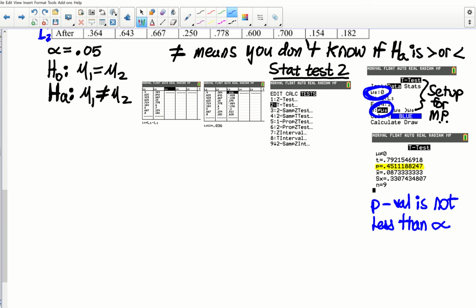All right. So the p-value is not less than alpha, so we do not reject the null hypothesis. So we do not reject the null hypothesis, which means we're keeping the null hypothesis, and the alternative is the one that's being ditched.